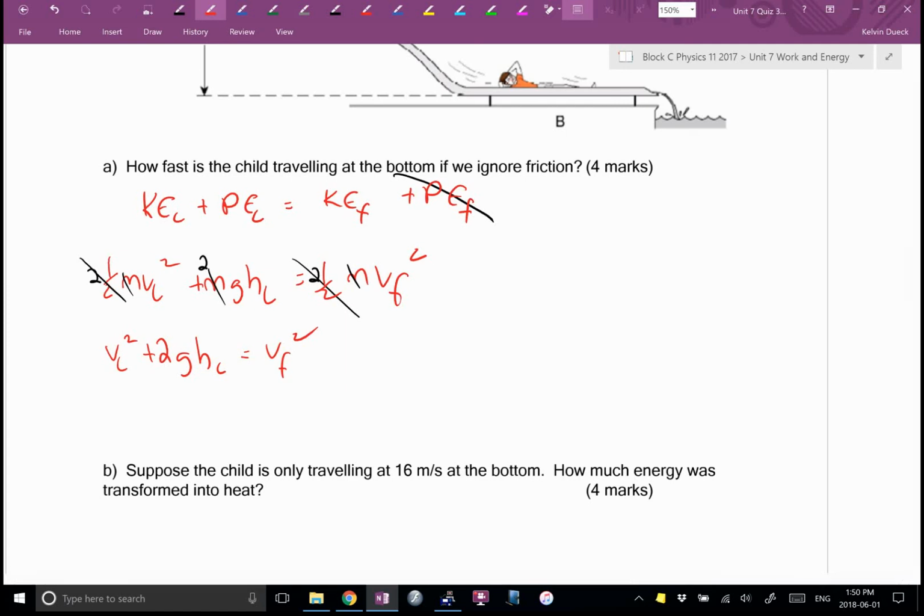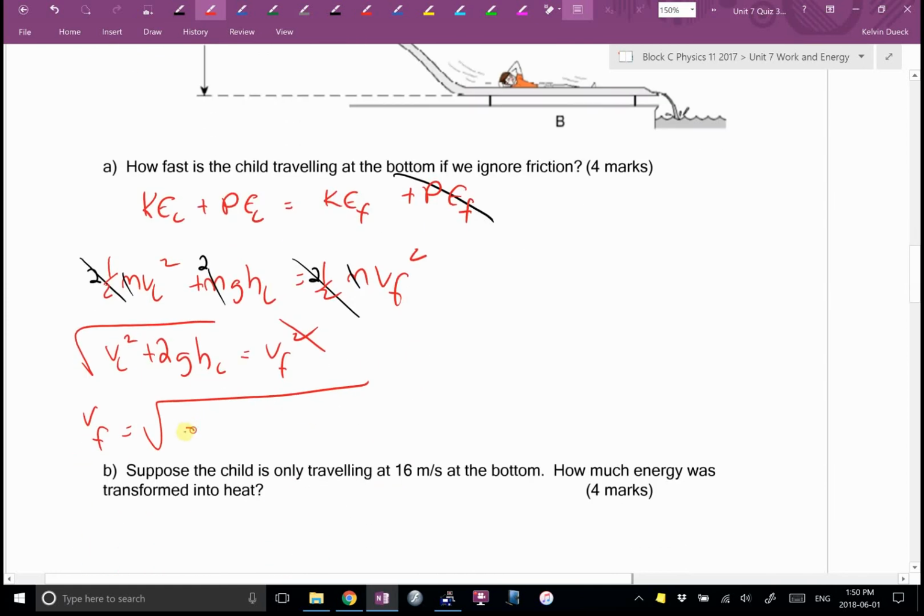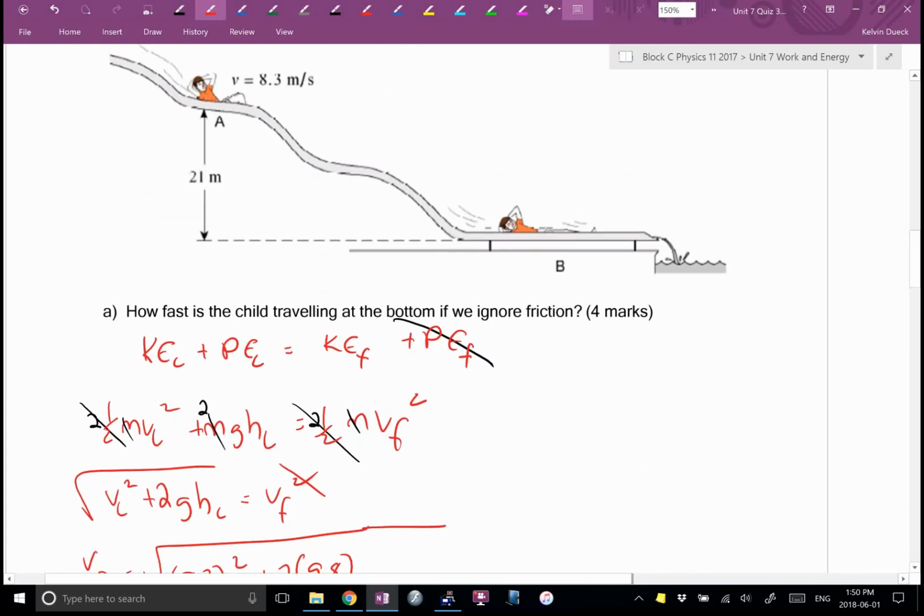What do I want to find, Christy? Which v? I got a squared. Joel, how to get rid of a squared? So you're telling me I would do this? You'd be right. V final is going to be the square root of, what was vi? 8.3 squared plus 2 times 9.8 times 21.